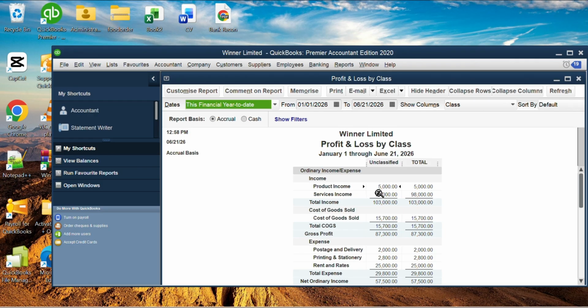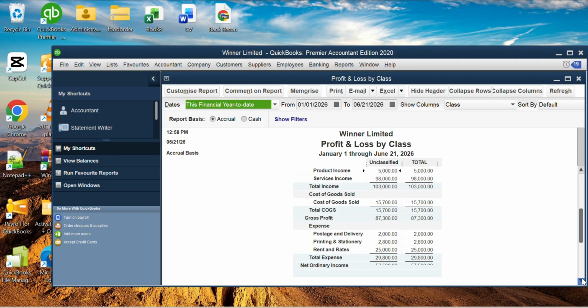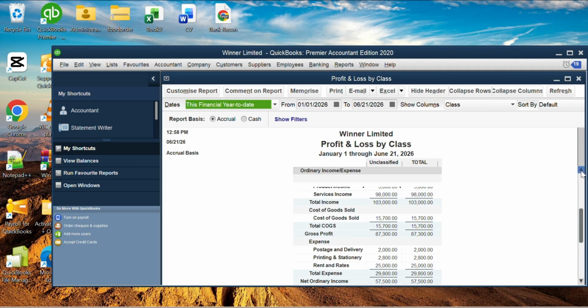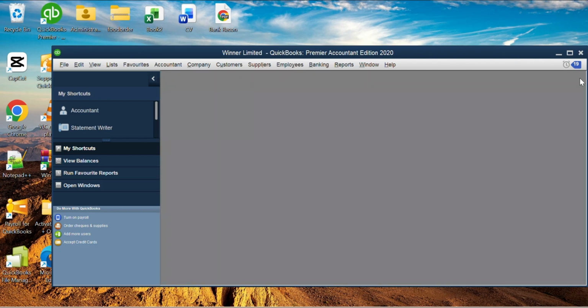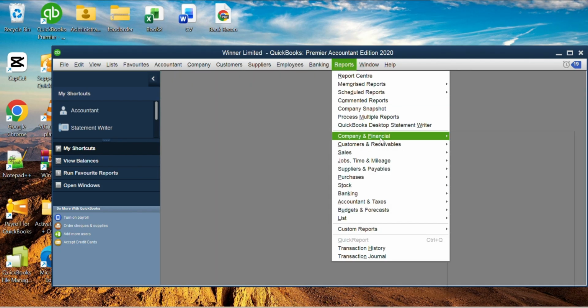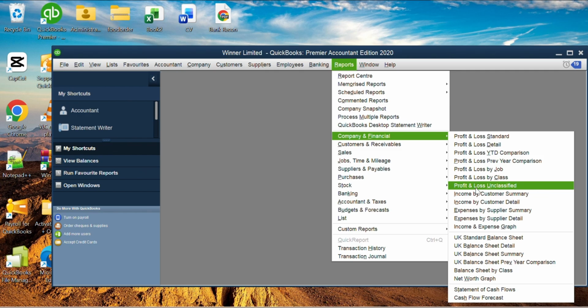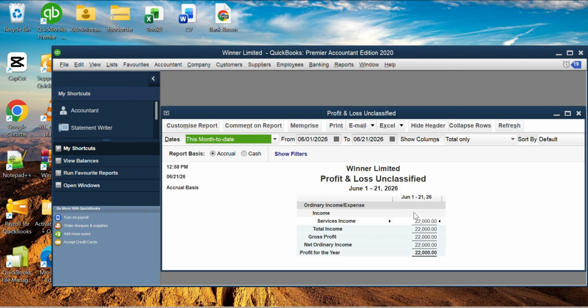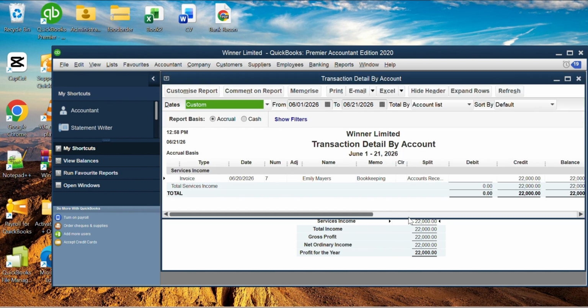You can also classify them by class. There are some companies, like a manufacturing company, that have different types of products, sales and expenses. You can use that profit and loss by class to show you each and every type of product, and you are able to see which product is giving you more money than the other one.